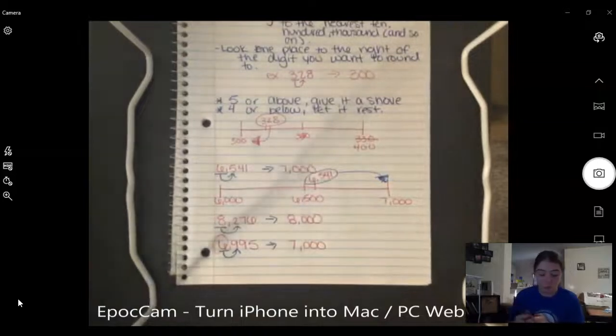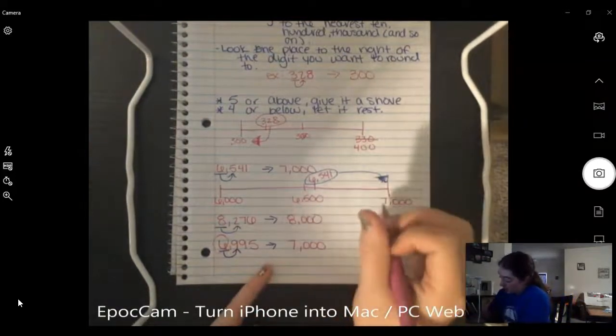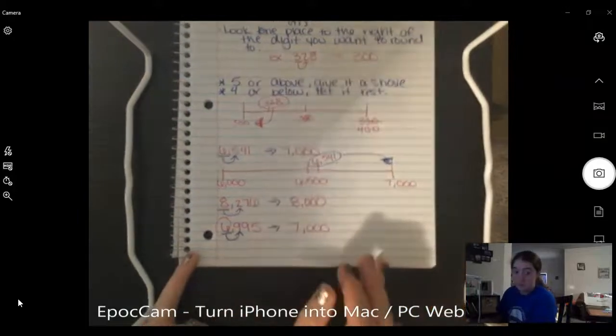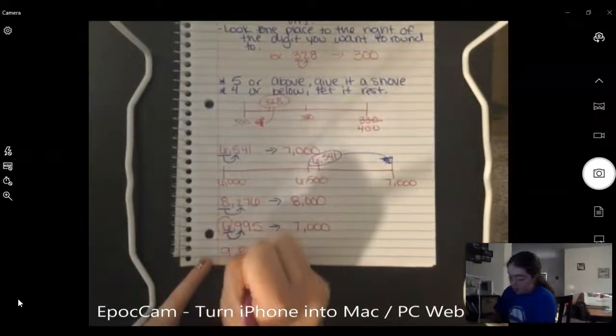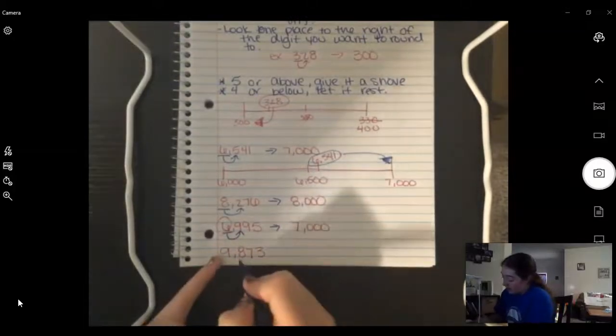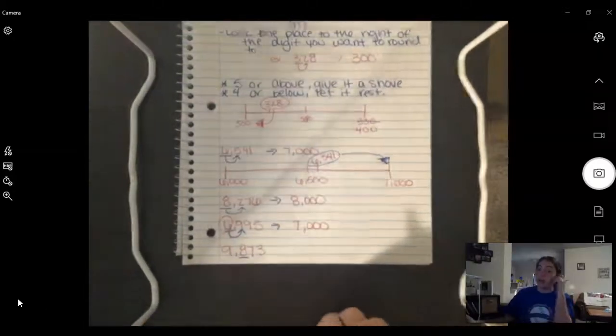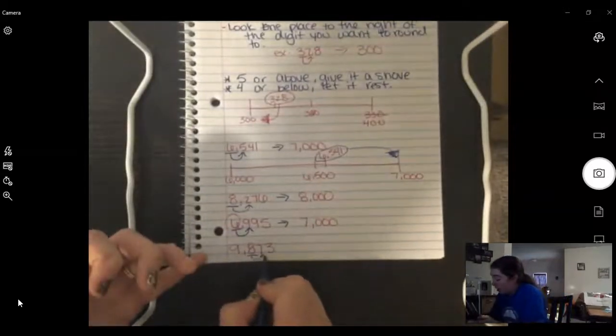All right, let's do one more. And let's do it to the hundreds place value. So we have 9,873. Let's round to the hundreds place value. We look to the right.